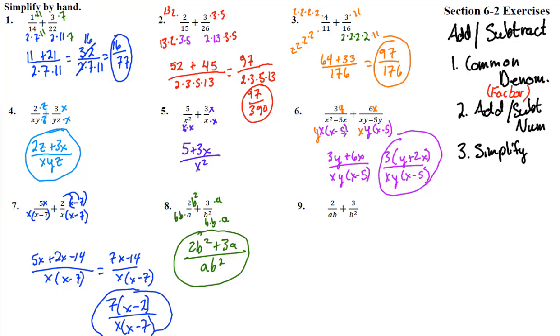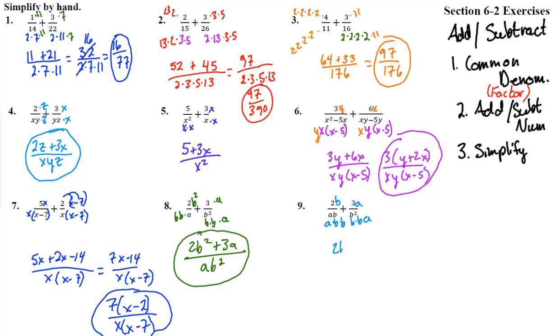All right, number 9. 2 over ab plus 3 over b squared. They do share something in common. This one has an ab and this is a bb. So let me see, b times b, and this has an a times b. So if we wanted them to be exactly the same, we'd have to multiply this one by another b, and this one by just an a.